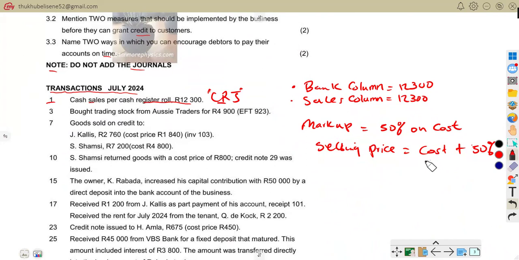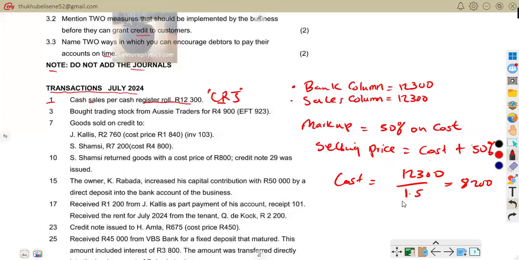We always say our production is 100% on cost. So we are going to say cost is equal to 12,300 divided by 1.5, which is now going to give us what?